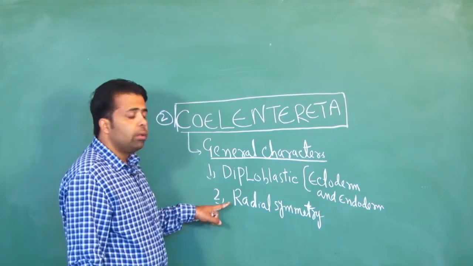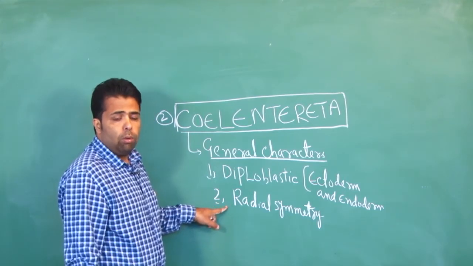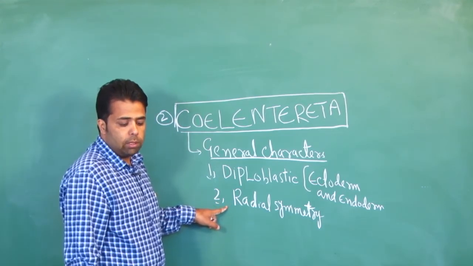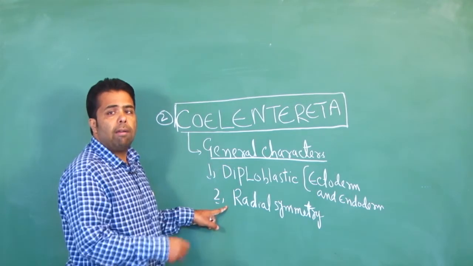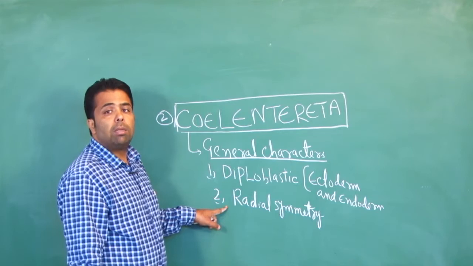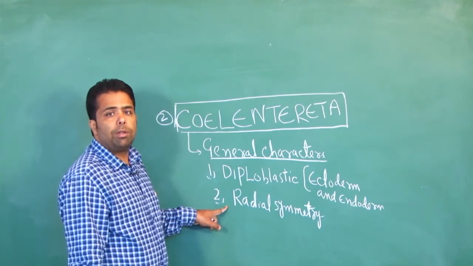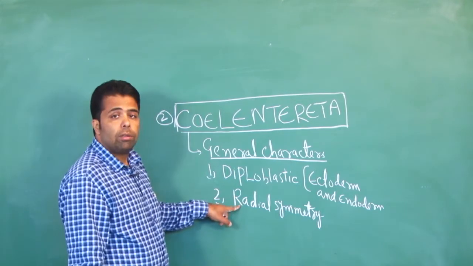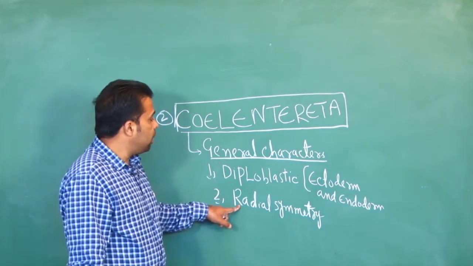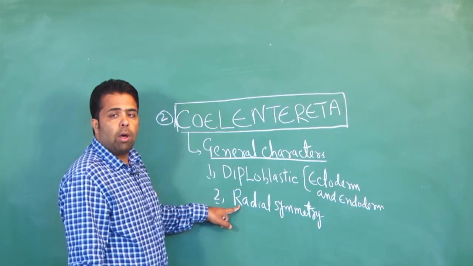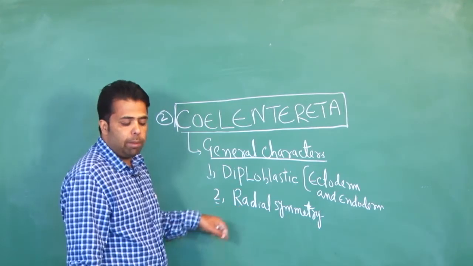For example, if we want to cut ourselves, we can cut only by one plane. That symmetry is called bilateral symmetry. But here, the symmetry is radial symmetry, where the organism is cut into two equal halves by more than one plane.